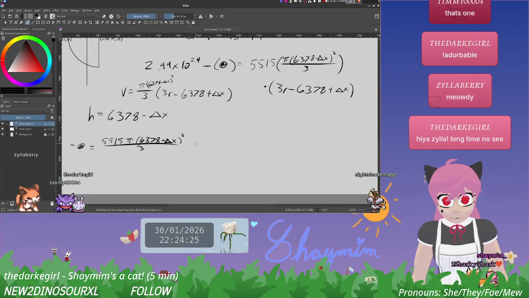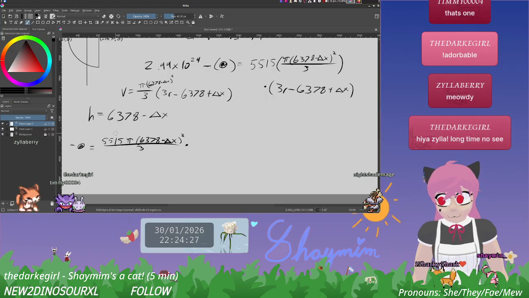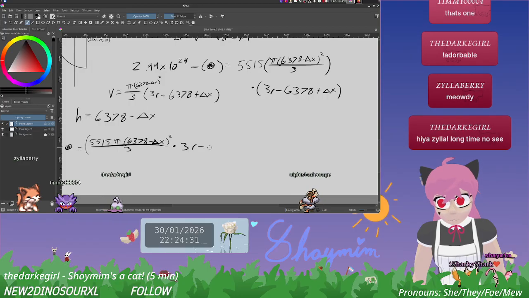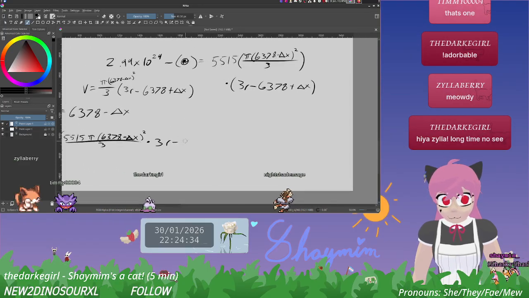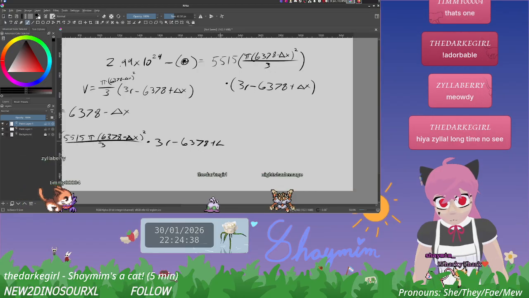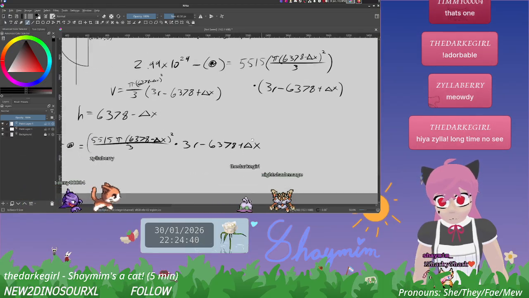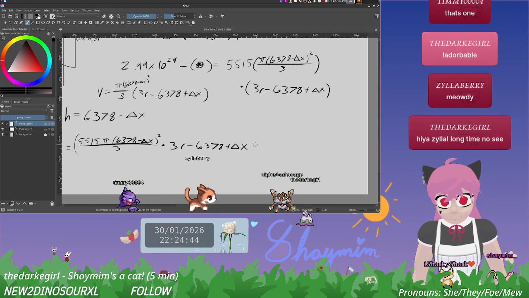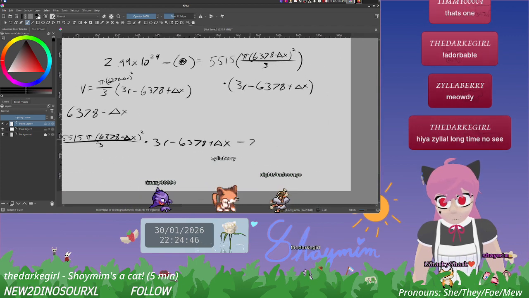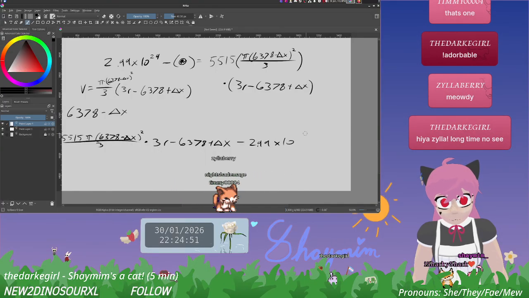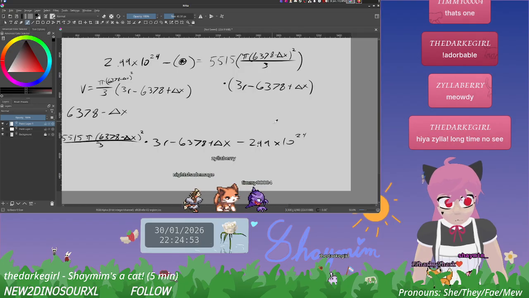And then all of this is times, I can put this in parentheses because why not, 3r minus 6378 plus delta x, and then it's going to be minus 2.99 times 10 to the 24th.